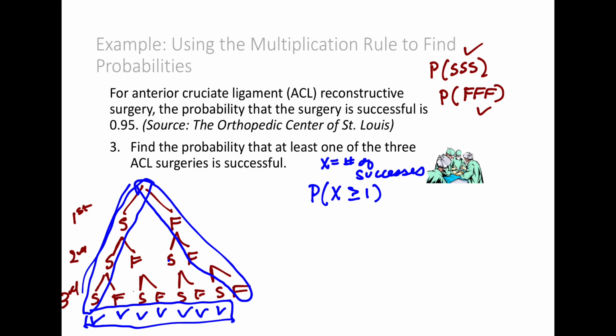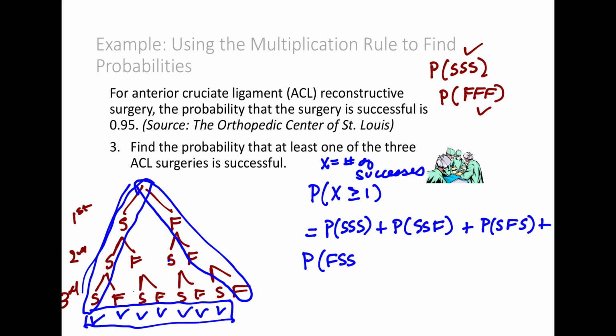So in other words, if I were to list out all the ones that qualify here, we would have the probability of all 3 successes, plus we could also have 2 successes followed by a failure. And then the failure could also happen on the second one, so success, failure, success. And then we could also have the first one be a failure and the next 2 successes.